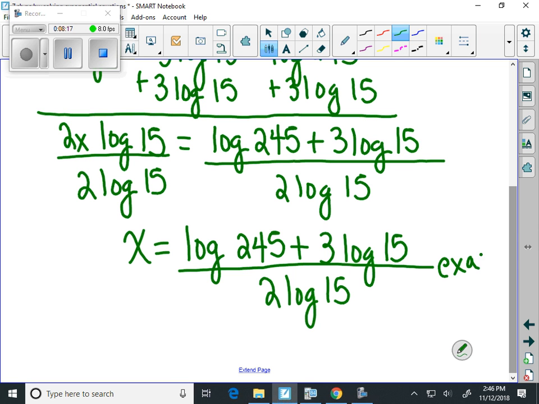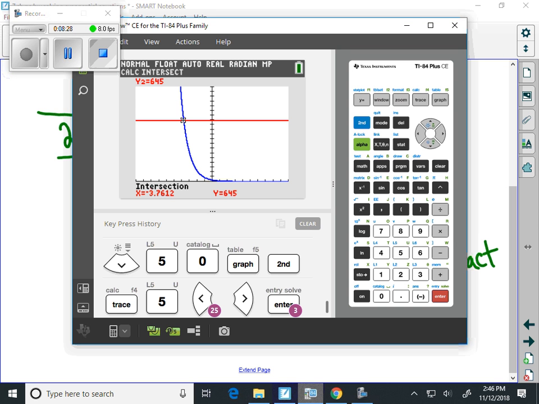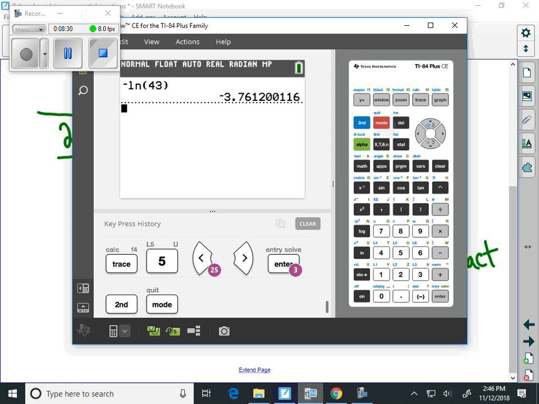I'm not going to fit that into my box there, so I'm going to write "exact" right there beside it for you. If we want to know the approximate value, we're going to go back to here. You don't have to have a fraction button to do this problem, but if you do, it's probably a little bit easier.